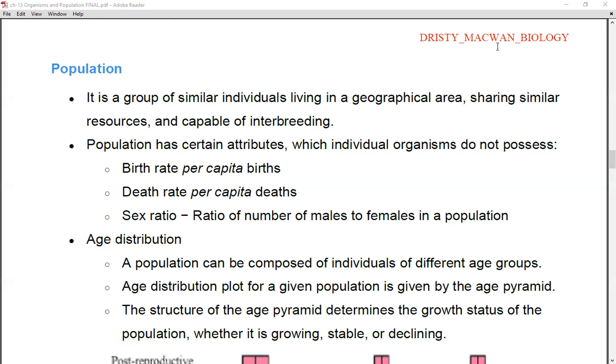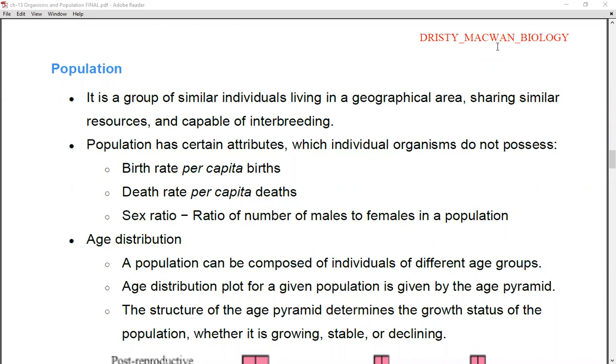The third is the sex ratio, that is the ratio of the number of males to females in a population, right? So how many males and how many females are present in a particular population is calculated, and the ratio which is found is known as the sex ratio, right?